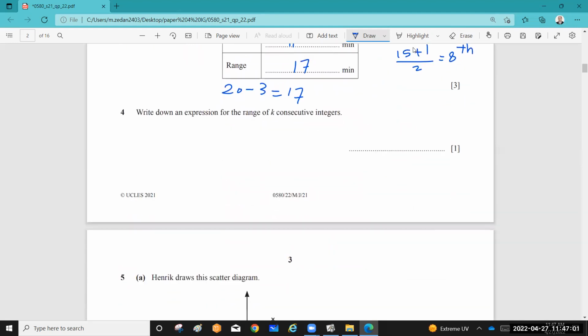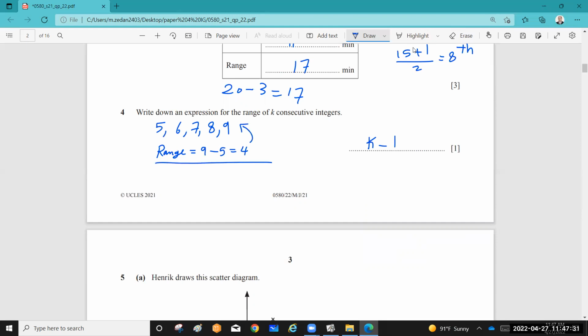Question number 4. Write down an expression for the range of k consecutive integers. The answer is k minus 1. How? Consider you have 5, 6, 7, 8, 9, which are 5 consecutive integers. The range of these values is 9 minus 5, which is 4, less than the number of them by 1.